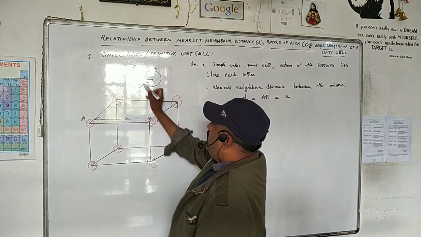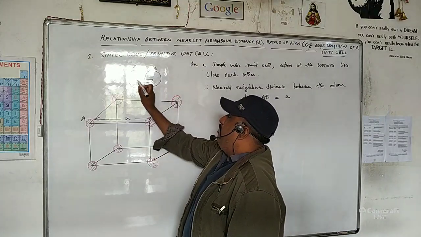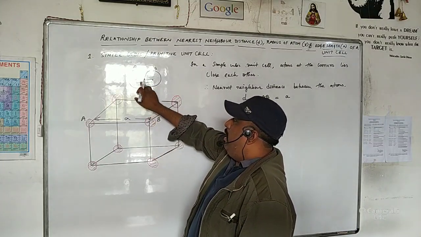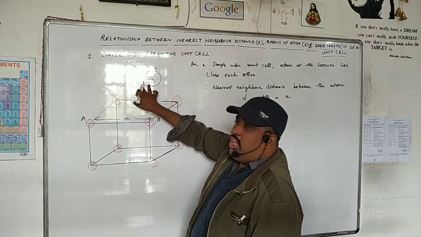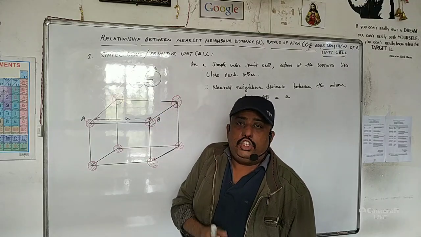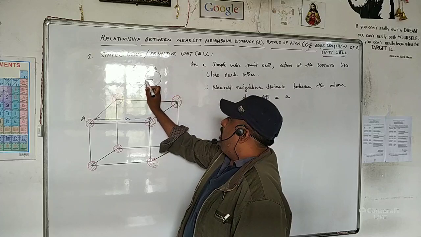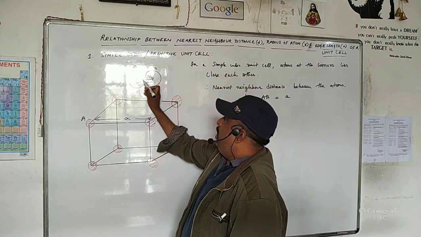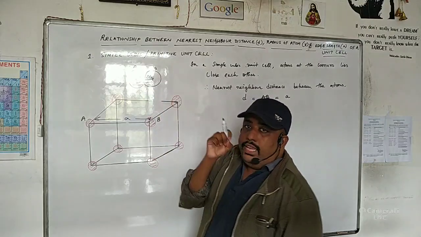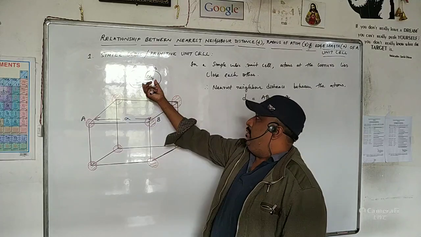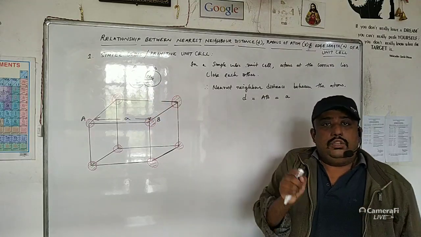Now what will be the radius of the atom? The radius of the atom will be r. And what is r? r is nothing but edge length divided by 2. This length is actually a by 2. So edge length divided by 2 gives me the radius of this atom in the unit cell.